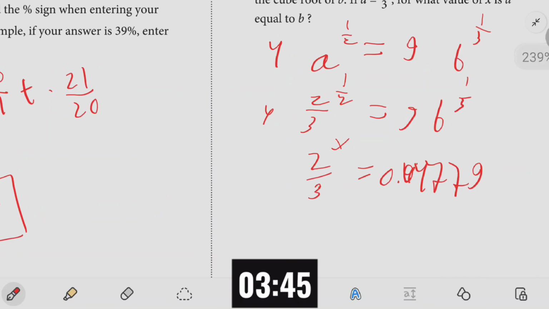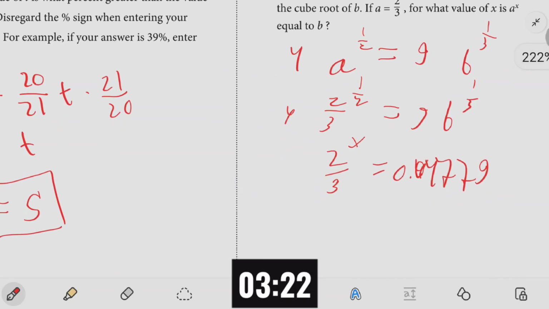Hold on, log base 0.666 of 0.047787637. 7.5.